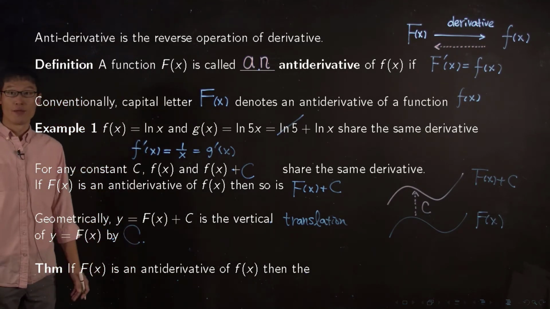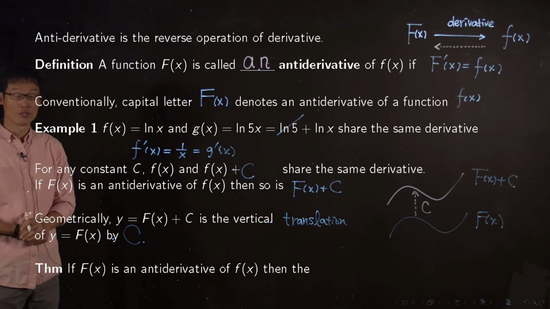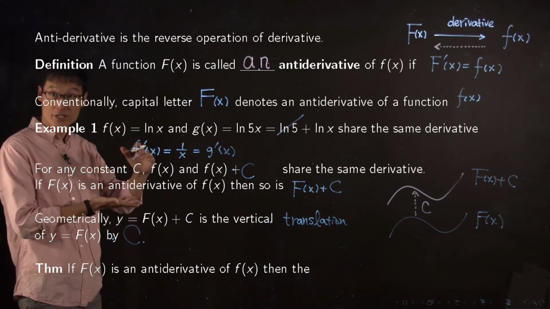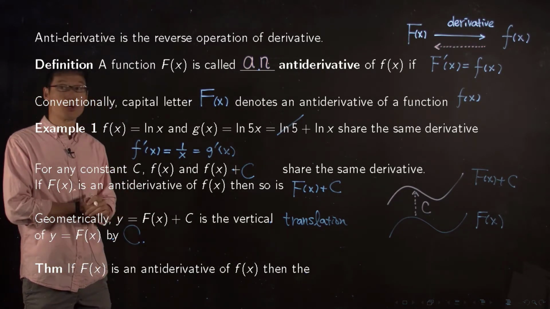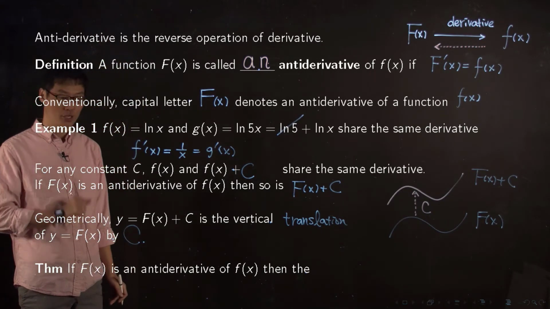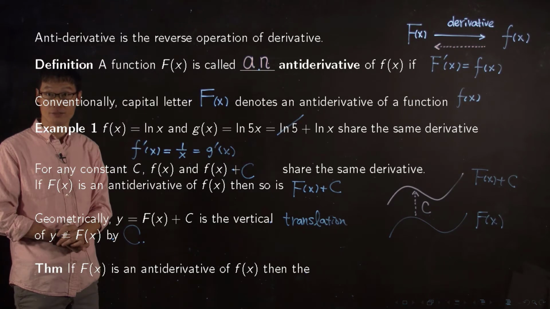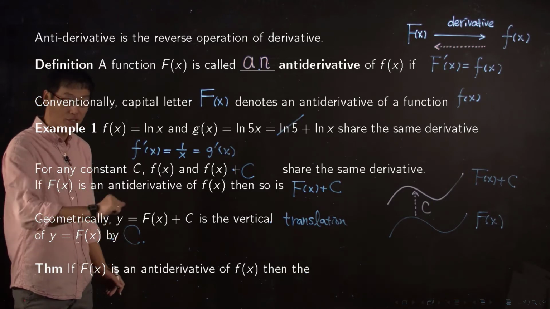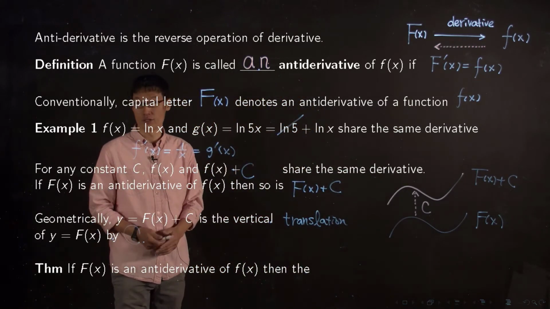Okay, here is a theorem. Now that there are infinitely many antiderivatives for a single function, we want to use this capital C to indicate such infinitely many antiderivatives. Using this C, we are indicating the collection of infinitely many antiderivatives. So if you find one antiderivative, you can use capital C to indicate any vertical shift can be an antiderivative.